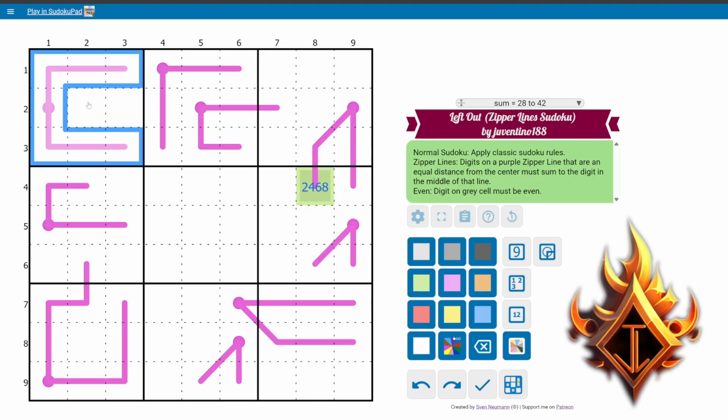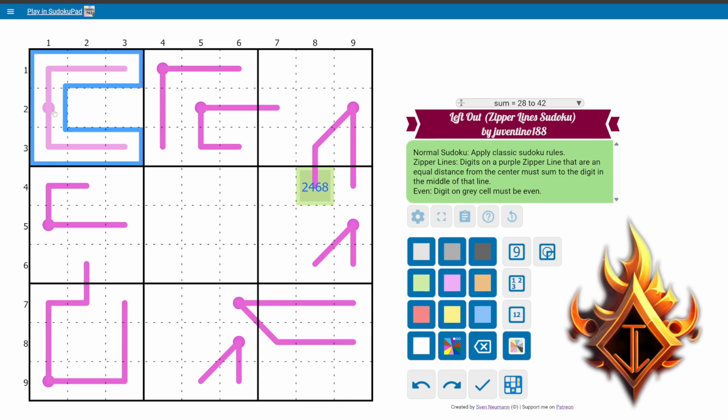So what would the minimum be? 6 times 4 is 24, and that would leave 21 in 2 cells. Not possible.